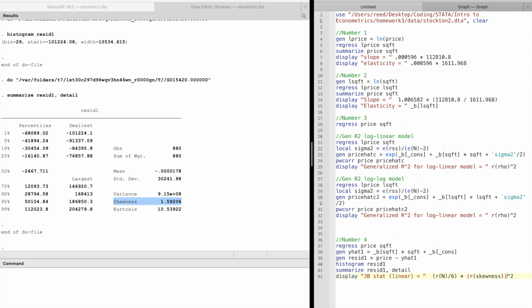So looking at the distribution of the residuals, plus the kurtosis minus 3, squared, divided by 4.